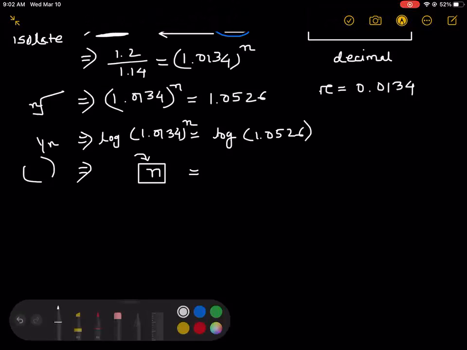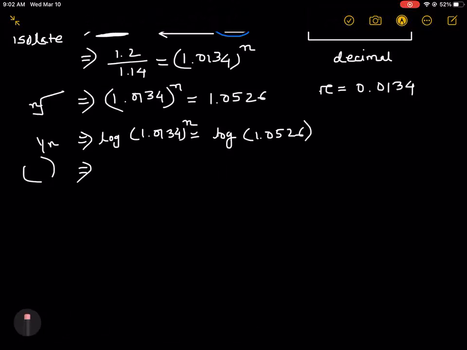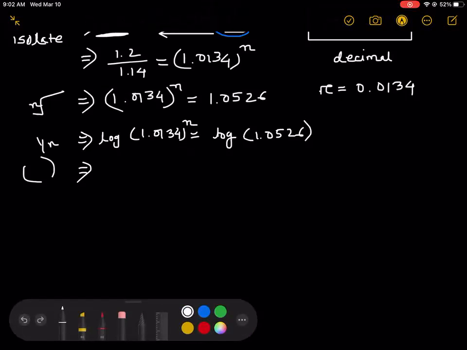Now the next question would be, why should we do that? Definitely we can take log on both sides, because this is an equation, and we can operate anything on both sides that will still keep our value intact.